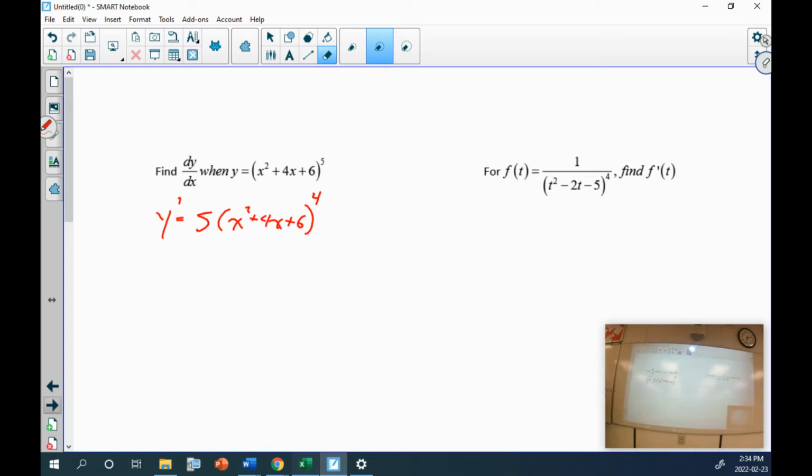Now I have to multiply it by the derivative of the inside function, which is 2x plus 4. And that is as far as I'm going to simplify it.